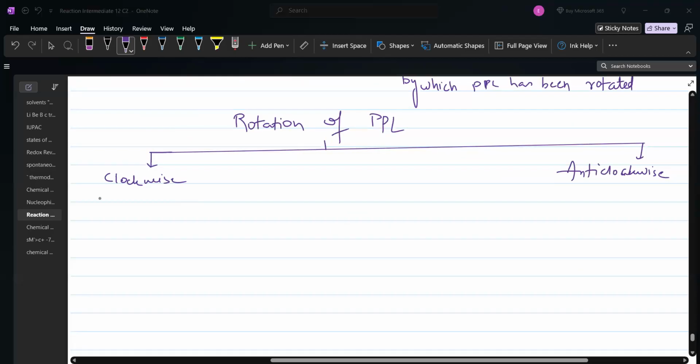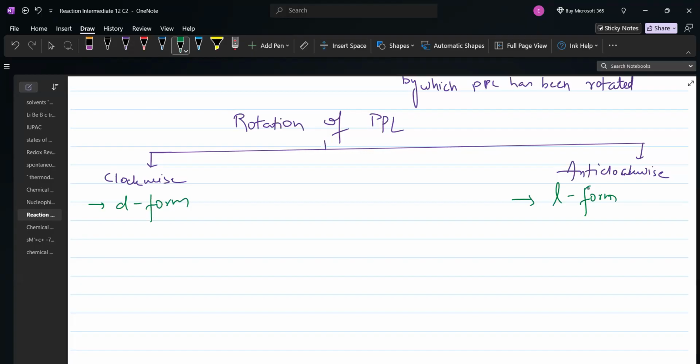So when it moves in the clockwise direction, we say D form. And when it moves in the anti-clockwise direction, we say L form. Like when you buy medicine, some of the medicine is written like D or L, right?